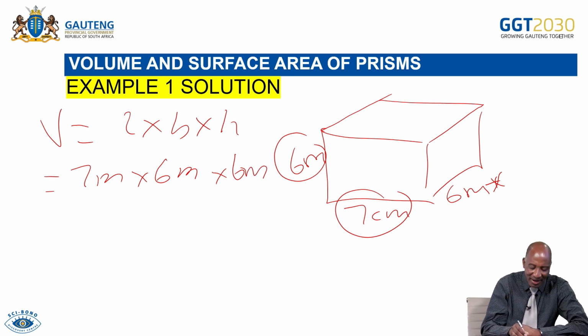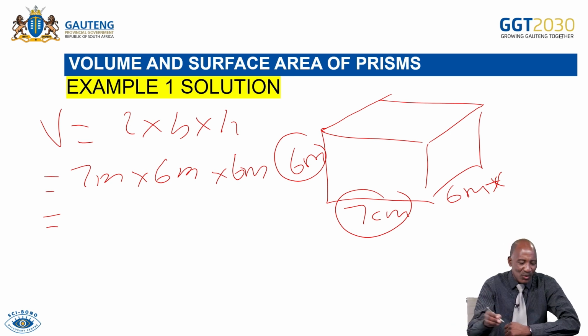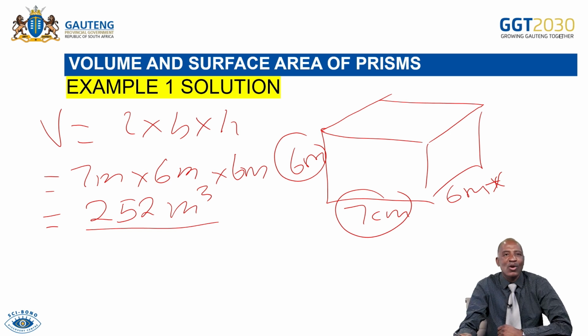Then when we simplify here, what are we getting? Quickly punch that out. Yes, we are getting 252 cubic meters. It's now 252 cubic meters.